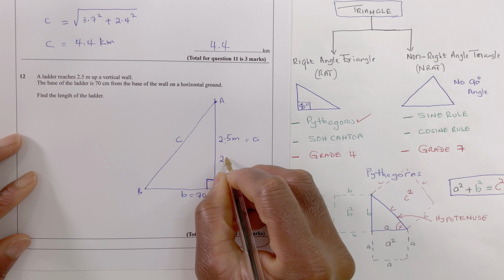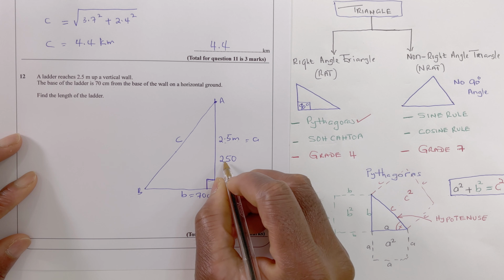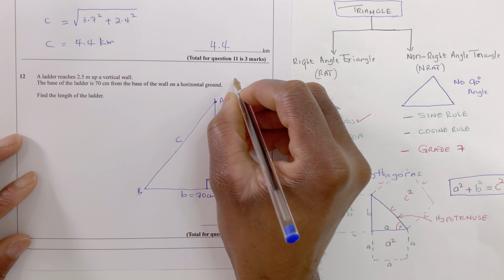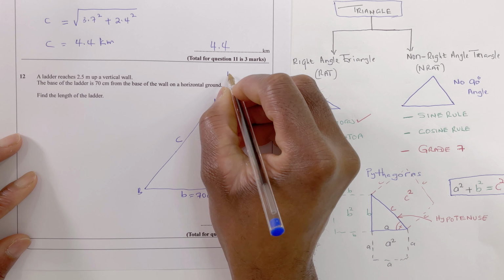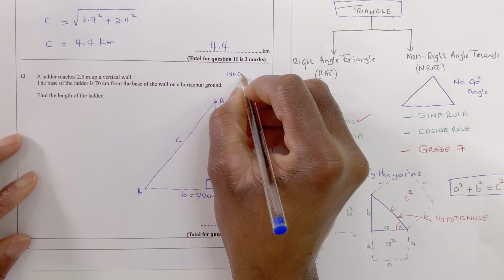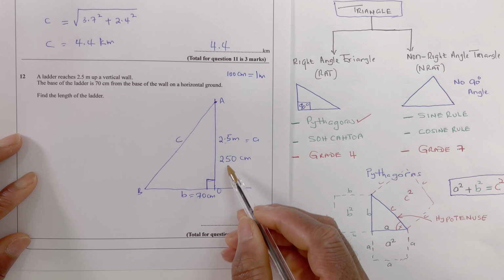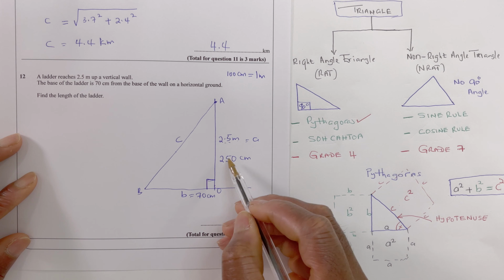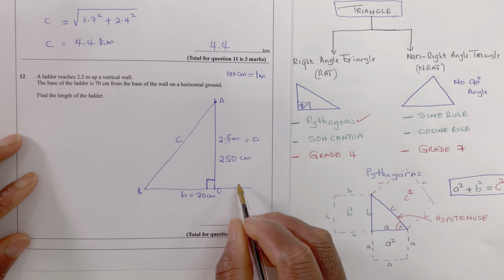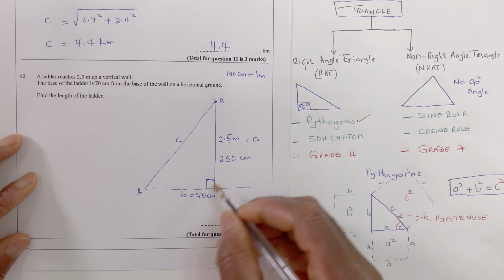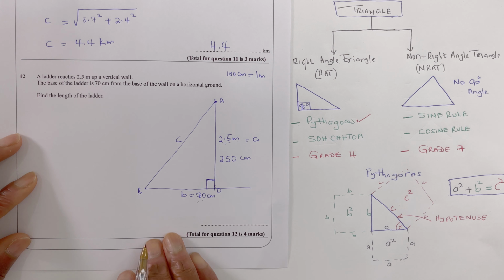So that will be 250 centimeters, because 100 centimeters equals 1 meter. So if you want to convert meters to centimeters, you times it by 100. So that height is 250 centimeters. They have to be in the same unit before you do anything with them.